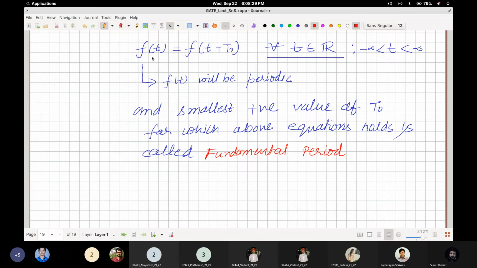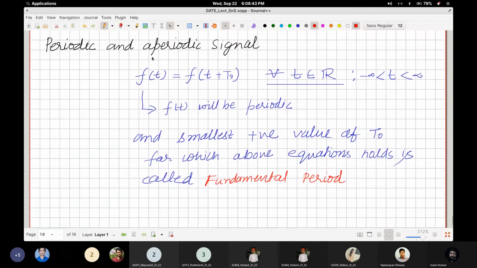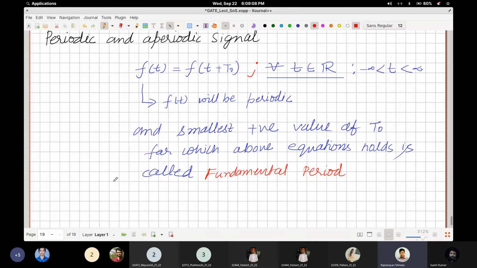Can you give me an example of the signal which is periodic but its fundamental period is undefined? ऐसा कोई एग्जांपल दे सकते हैं? Yes. It should be DC signal. DC signal is one such signal, isn't it?